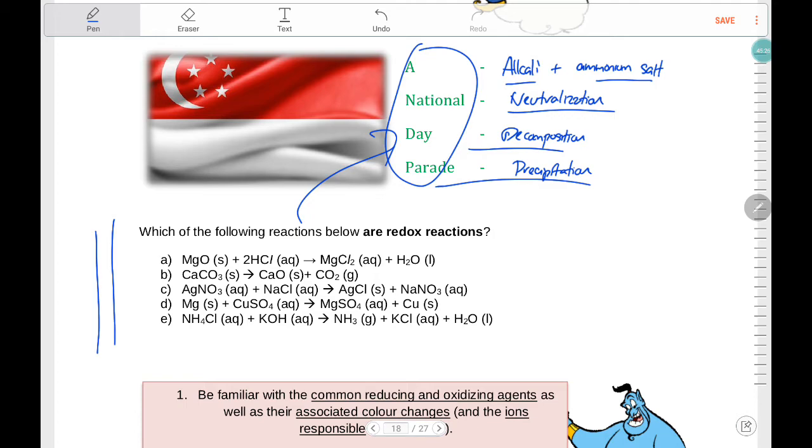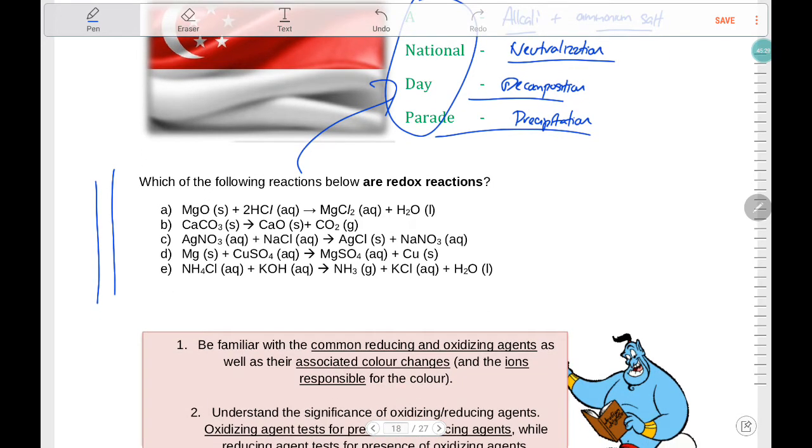I hope you have tried the question. Let's quickly go through. Whenever you do such questions, we need to identify. This is a base. Metal oxides are bases, plus acid. So this is neutralization. Metal carbonates decompose. This is decomposition. Remember from your topic on metals, decomposition of carbonates. For C, aqueous and solid, precipitation reaction.